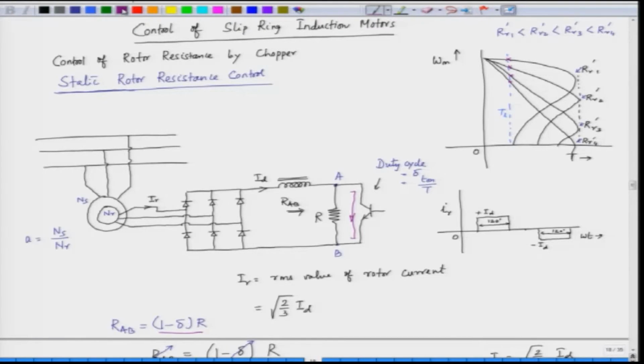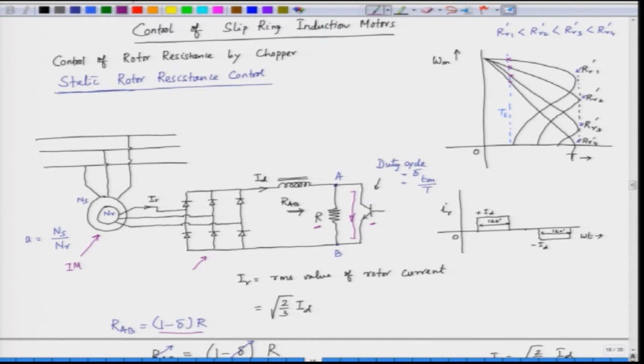Now, this is what we are trying here. We have a slip ring induction motor, and then we had an uncontrolled rectifier in the rotor circuit, and we rectified this. Then in the rotor circuit we injected a resistance R, and connected a switch, which is closed and open to control the resistance.